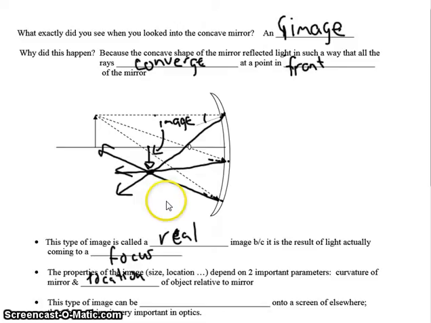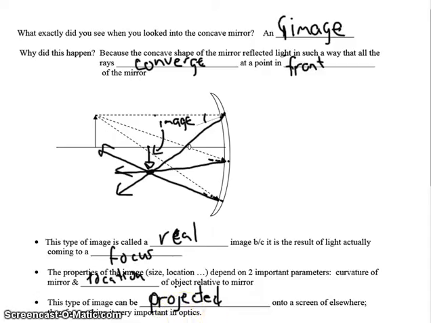So we'll learn that as we move this object closer or further away, the image properties will change. Now, another important aspect of real images is that real images can be projected onto a screen or elsewhere, films. So they make them very, very important in optics.